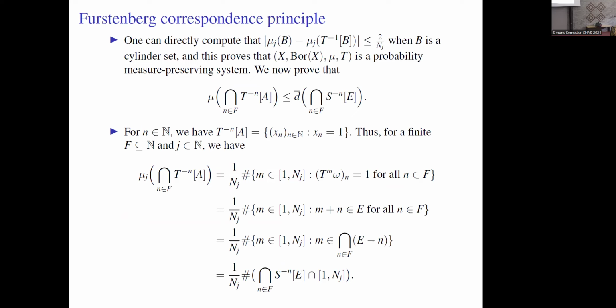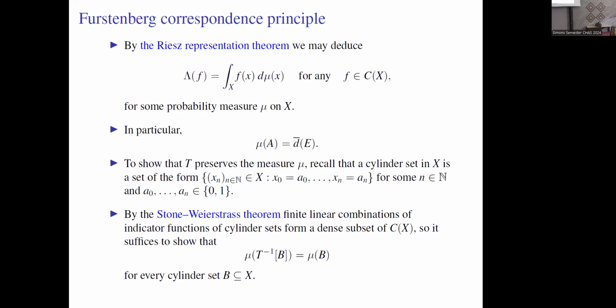And now we have to verify this condition here, and this can be done by verifying this on cylinders. On cylinders we only verify the fact that this is measure preserving in the system.